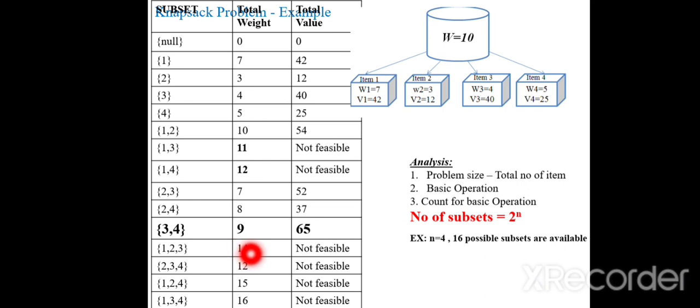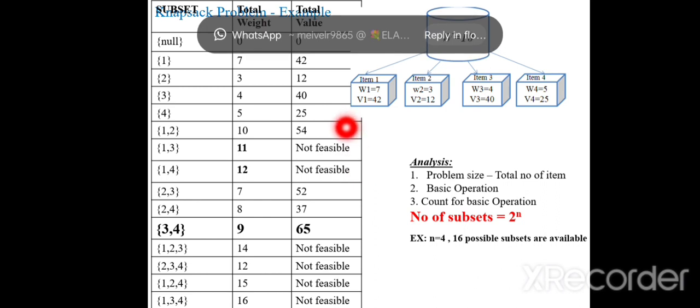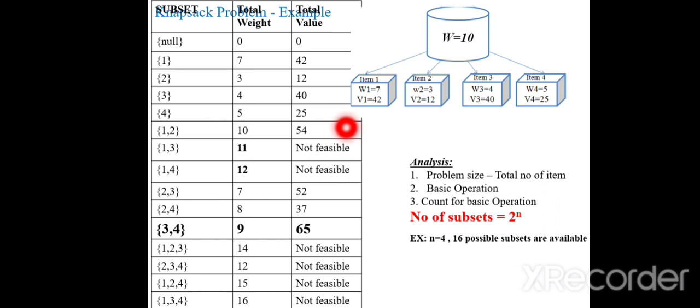Next we consider all 4 items, 1, 2, 3, 4, in the knapsack. The total weight is 19. Since these last 5 rows exceed the knapsack capacity, we are not going to consider those subsets. Since it is a knapsack problem, we have to find the maximum valued subset.